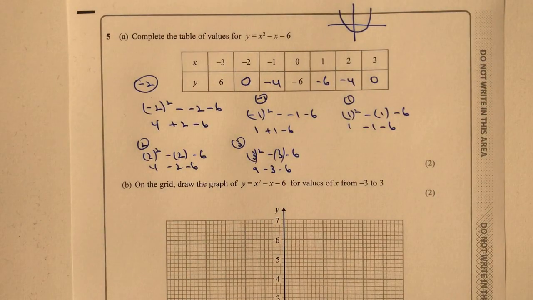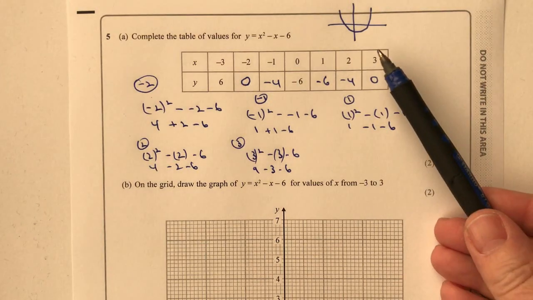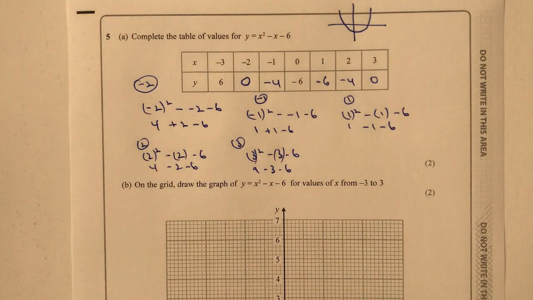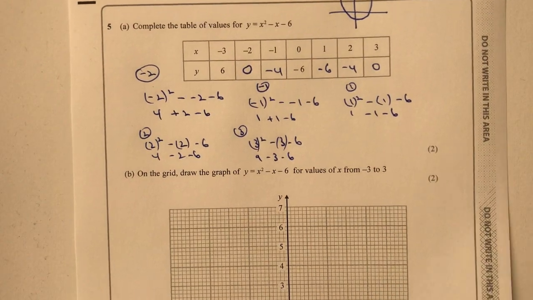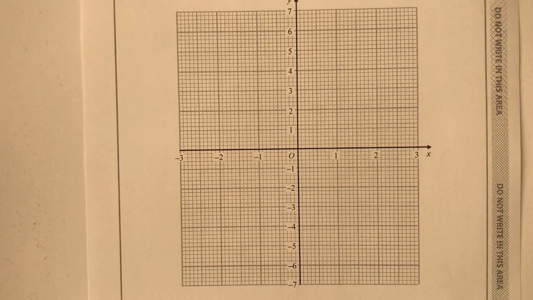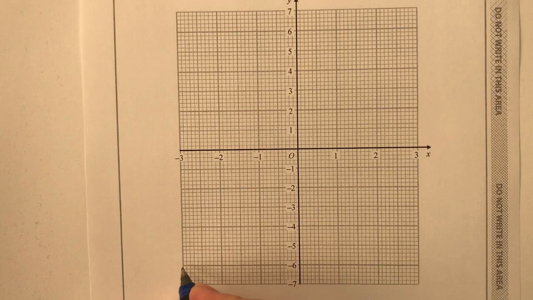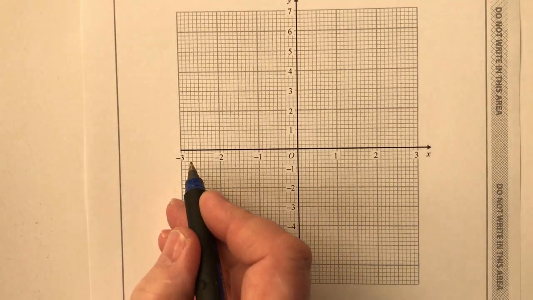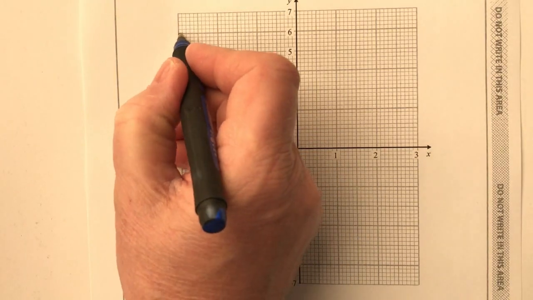And then really it's just a case of plotting this onto a graph, bearing in mind that I'm looking to achieve some sort of curve. I'm not quite sure whether it's going to be the same as that or similar to that, but nevertheless I'm looking for a nice smooth curve. So if I plot this, I'm going to have my value of minus 3, plus 6, which is up here somewhere.